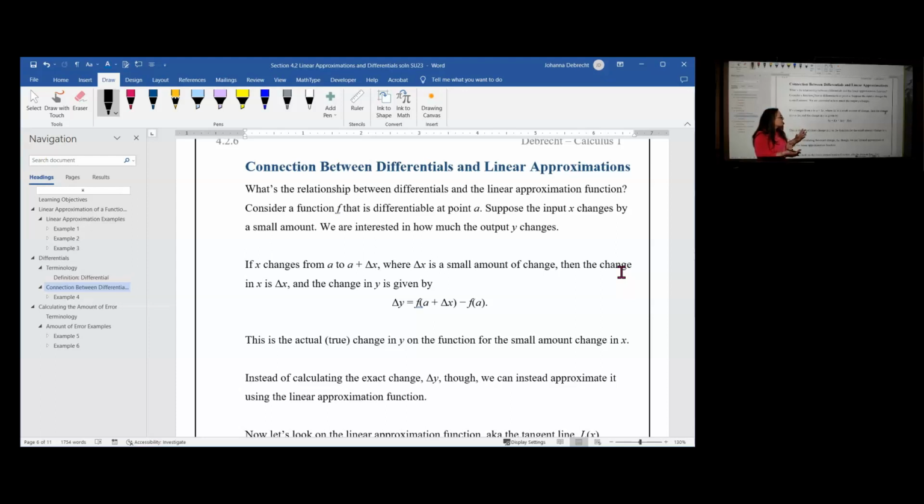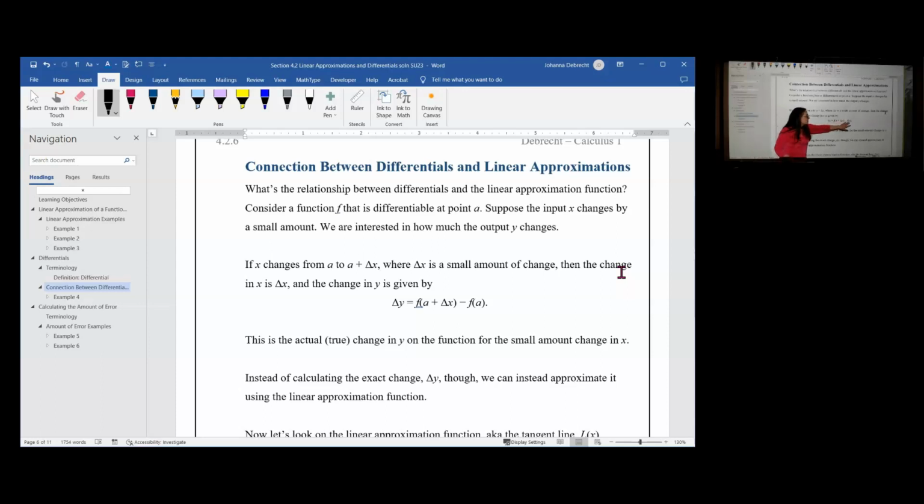On the actual function, if we change our x value from a to a plus delta x, where delta x is a small amount, something like 0.01, then the change in y is given by delta y equal function value at a plus delta x minus the function value at a. In other words, to find the change in y, subtract the 2 y values.